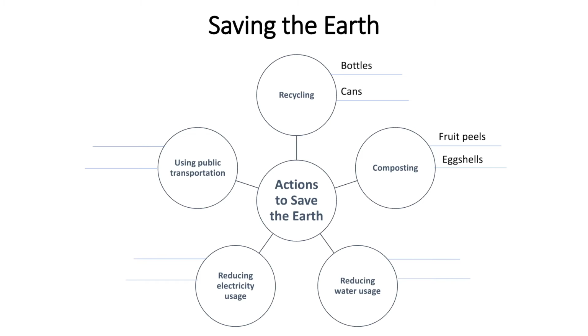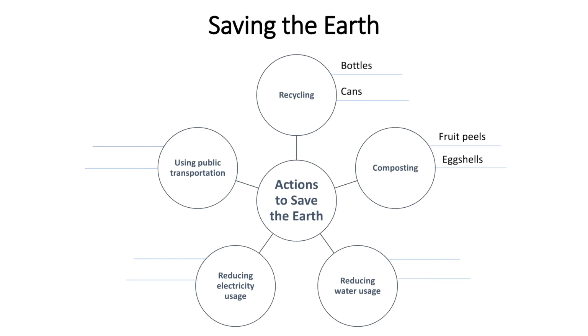What topics would you write outside of the central idea? This is when you could tell your students to brainstorm what those specific topics could be, such as recycling or composting. From there, you can extend the concept map further with more specific vocabulary to discuss these issues by asking questions such as, what types of materials can you recycle?